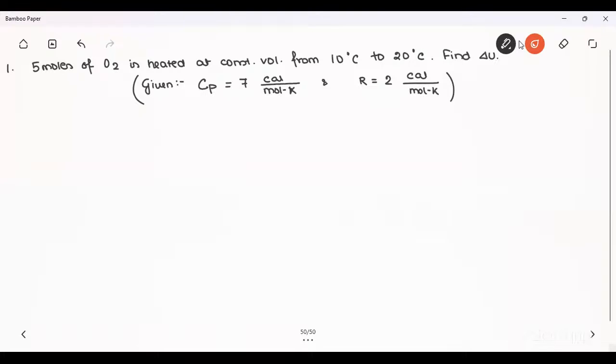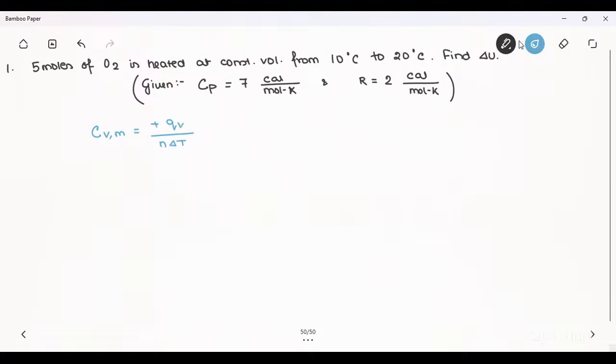Now, let's do one derivation first. I didn't teach you that derivation. I forgot to teach you the derivation. Let's do the derivation first. What is CVM? CVM is QV divided by N delta T, right?